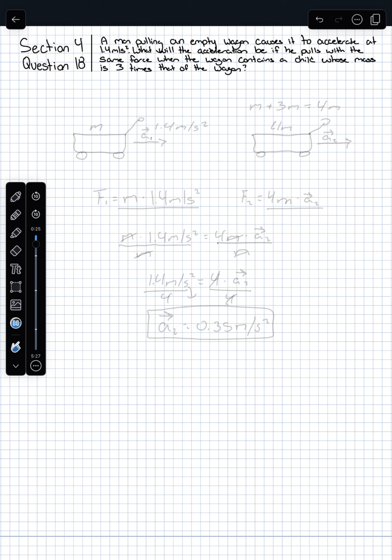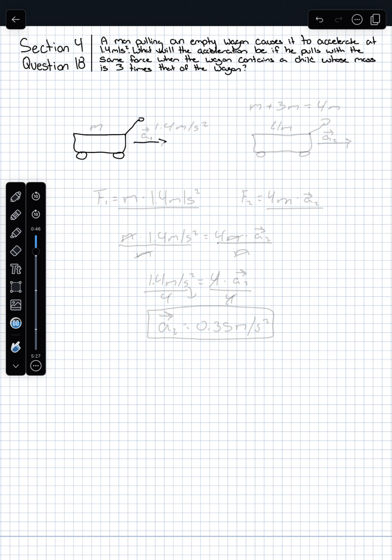So, first of all, we have to draw our figures out. So, we draw the first wagon. Looks as though there's something like this. That's the empty wagon.